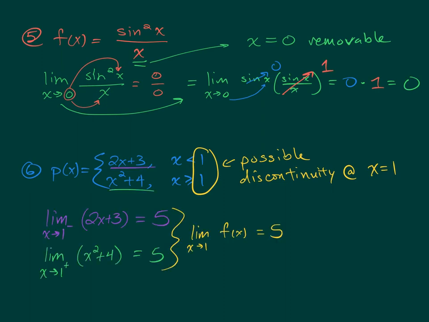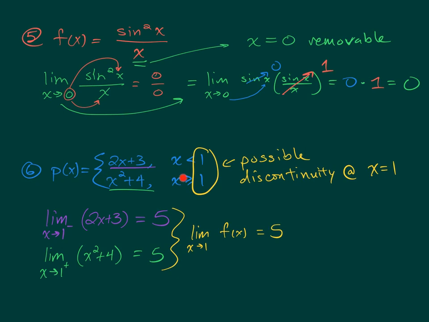So as you look at the limit as x approaches 1 from the left, that gives you this top function here, because to the left means less than 1. And you substitute 1 in here, you'll get back 5 for your limit.